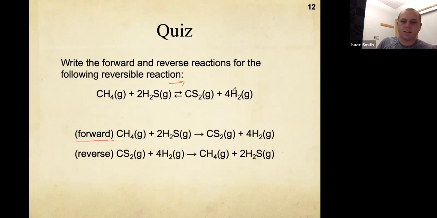The reverse direction is just taking the products, making them look like reactants, and converting into the reactants, which now look like products. So again, I just want to get you comfortable with the idea that when you see this double arrow, you're saying that two reactions are happening, okay? You're getting a 2-for-1 deal right here.